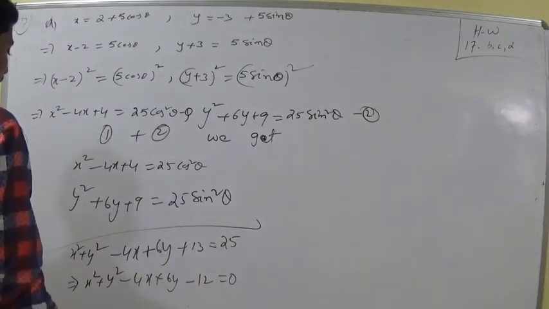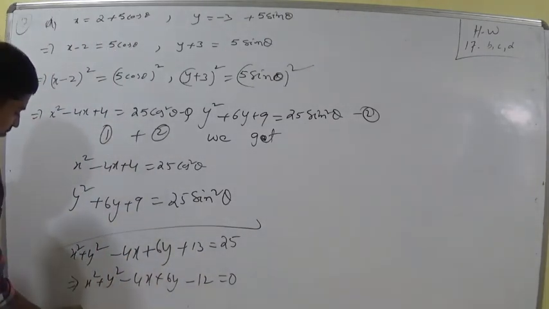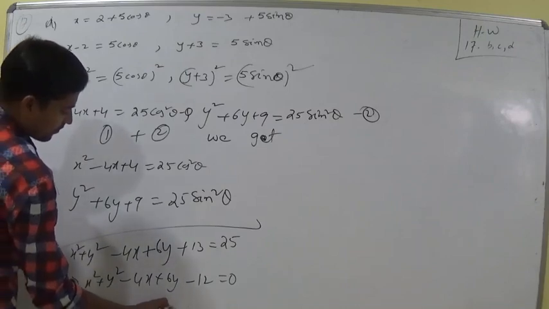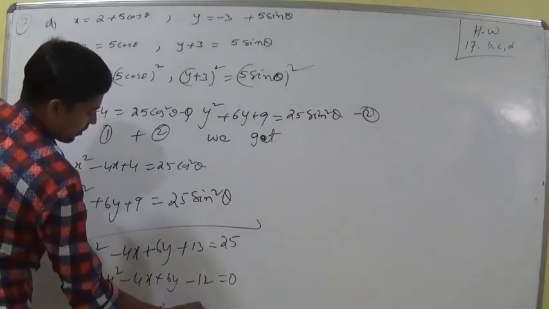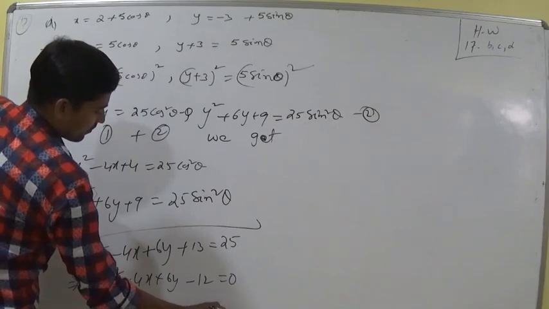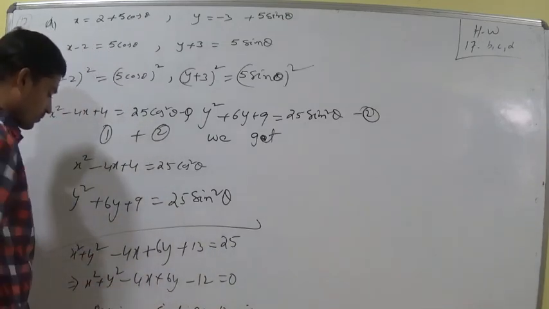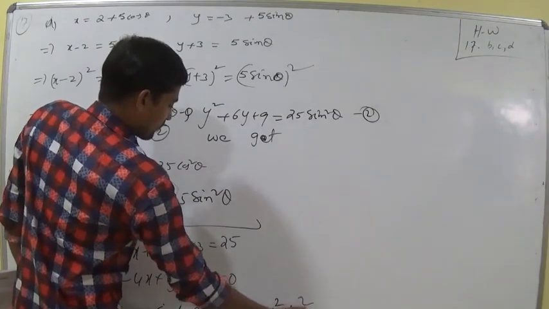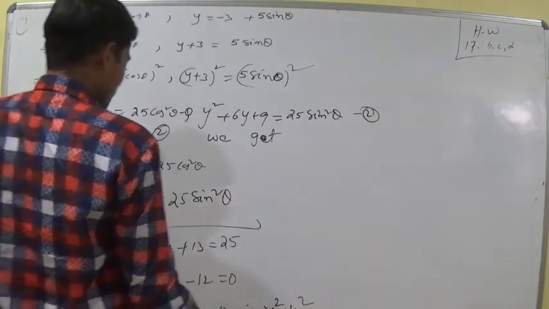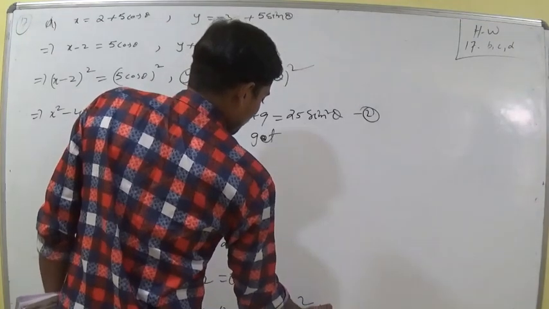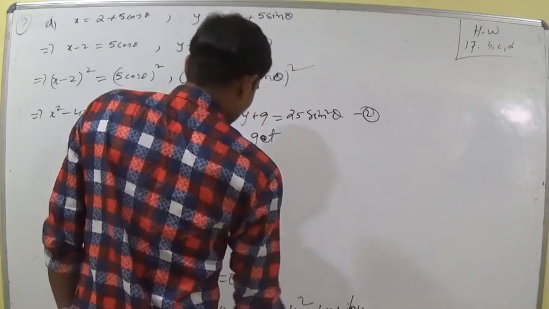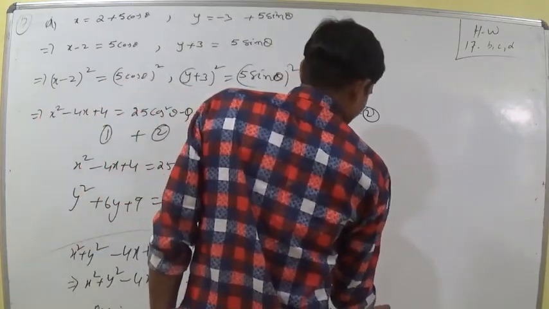Therefore, the required circle equation is x square plus y square minus 4x plus 6y minus 12 equal to 0.